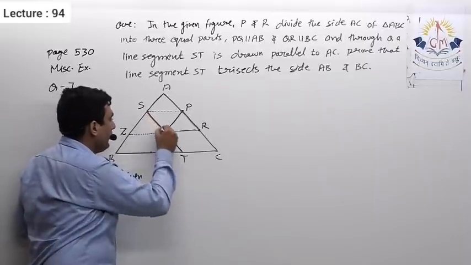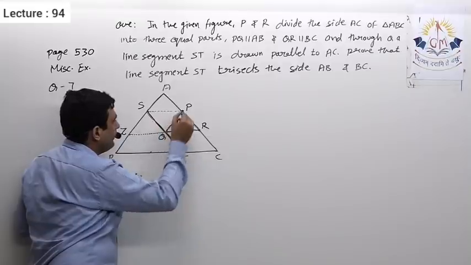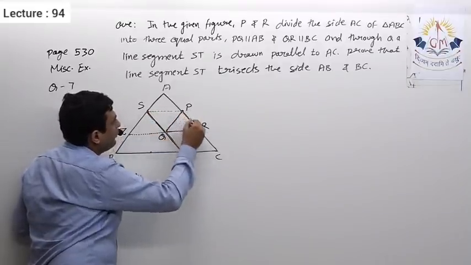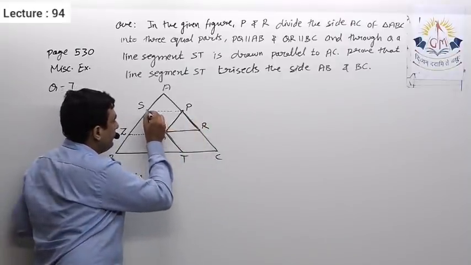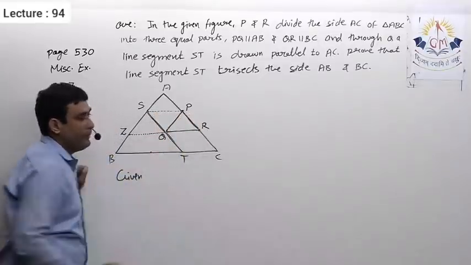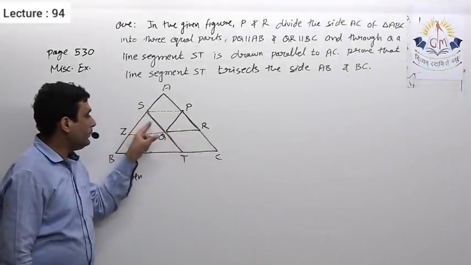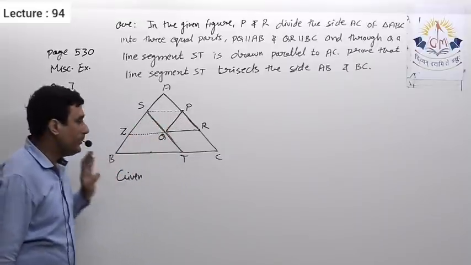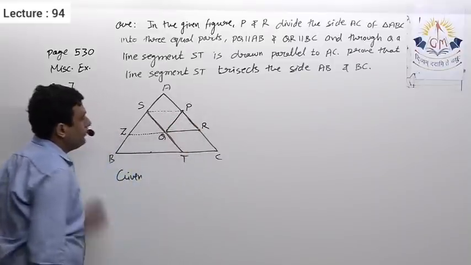Till now I have only one piece of information, that SQ is parallel to PR, because ST is parallel to PR. If I prove SQ equal to PR, then this will be a parallelogram, because one pair of opposite sides is parallel and equal. Now I will try to prove SQ equal to PR.